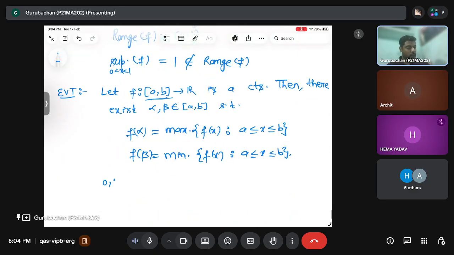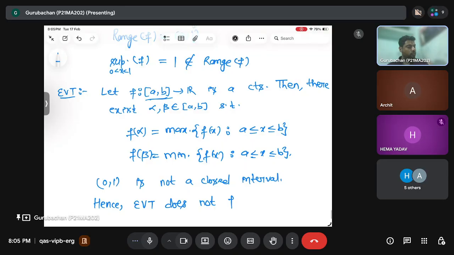So (0,1) is not a closed interval, hence EVT does not apply. EVT fails when it is a closed interval and a continuous function, and still it is not attaining its maximum. But here EVT will not fail.